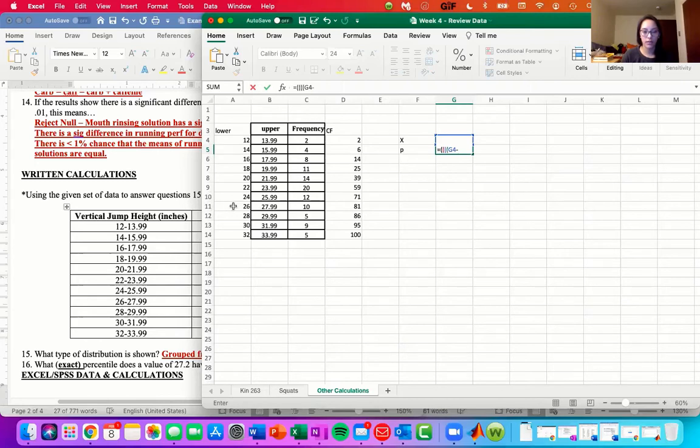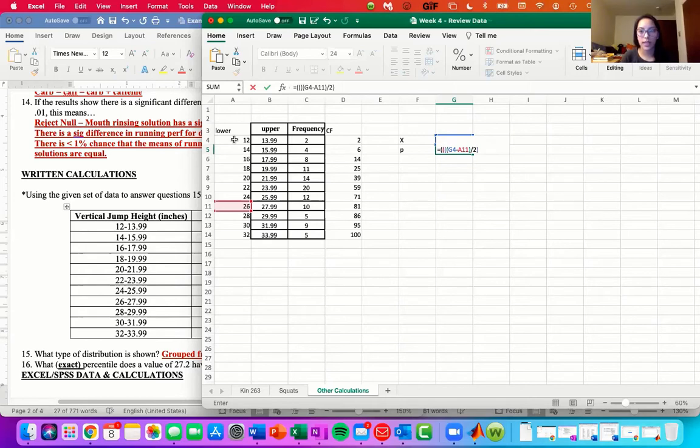Okay, so I would put 26. That's divided by my interval size, which is 2. Okay, how do we find that? Upper bound minus lower bound. So we can take 2 adjacent groupings, say 14 minus 12, that gives us our interval size, right? So 2. Okay, so that's the first chunk.